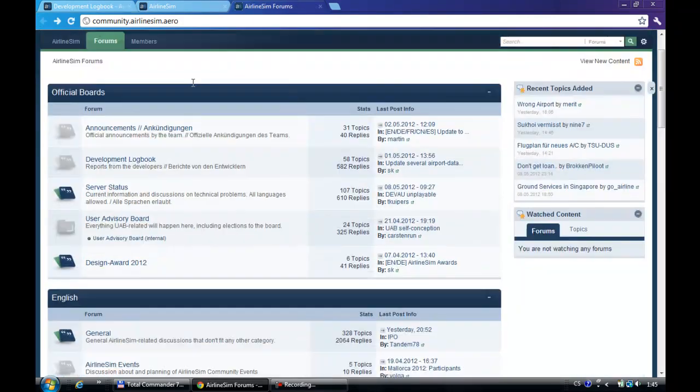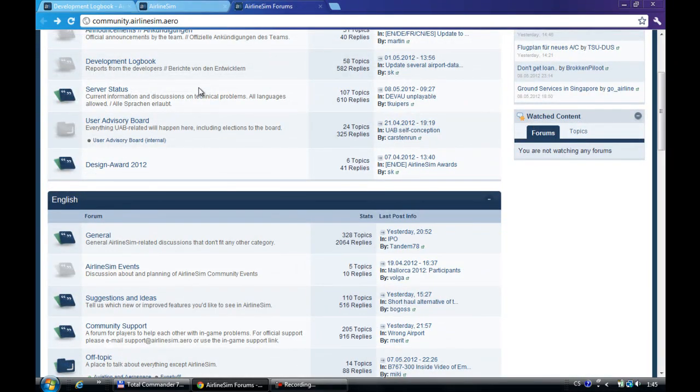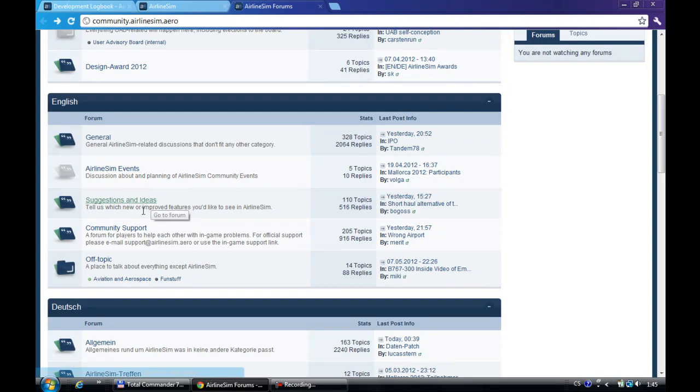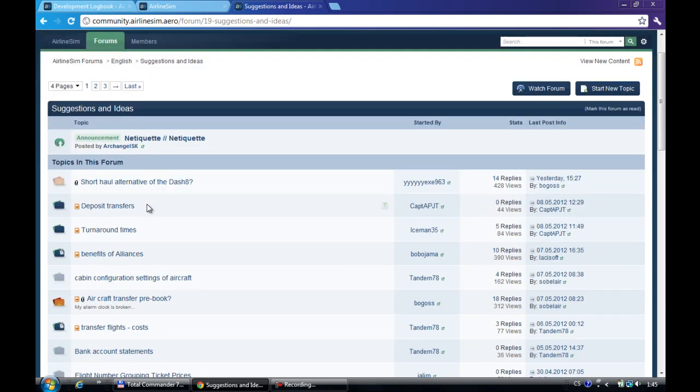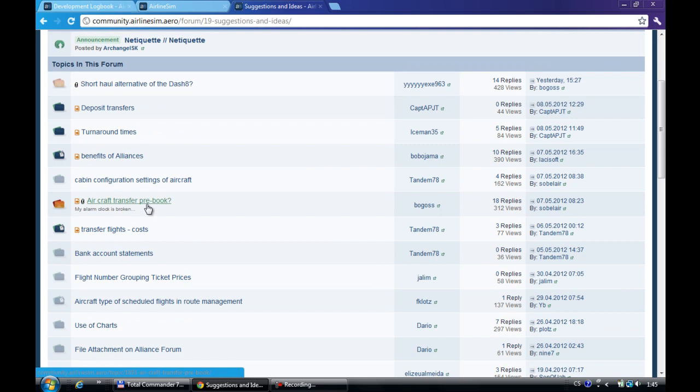I also recommend that you take into consideration using suggestions and community support, either if you have something to suggest or a question to ask. However, please do even a quick search before you ask something or suggest something, because we had the same things suggested over and over and over again.